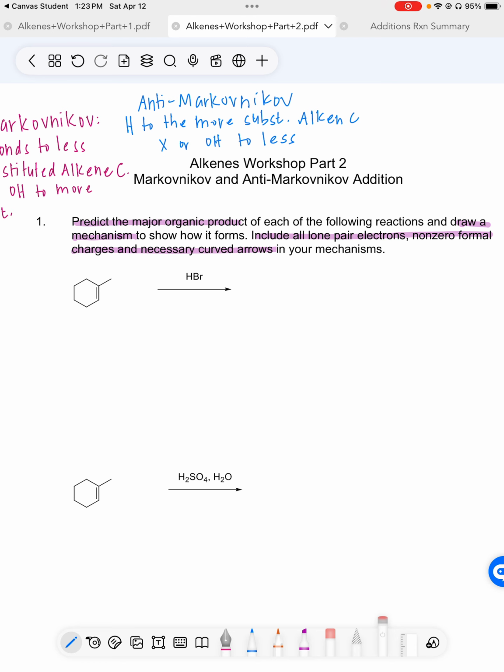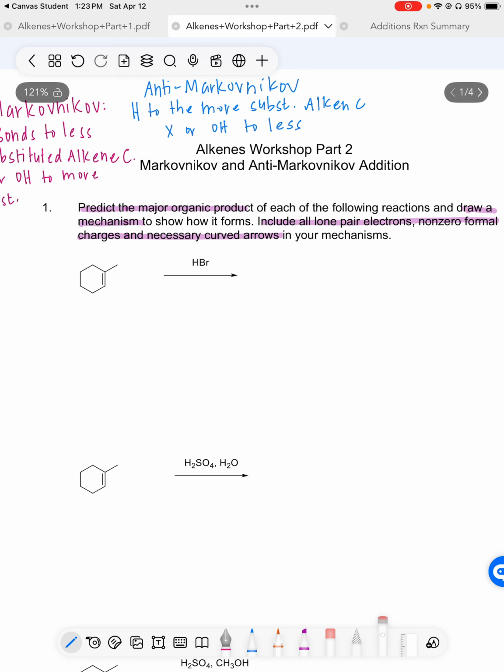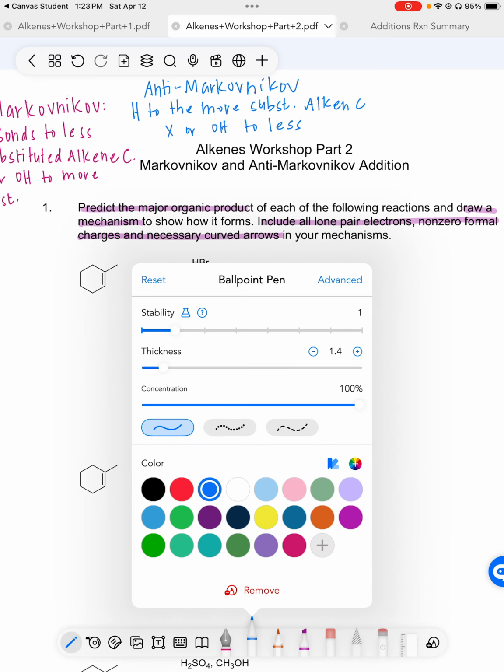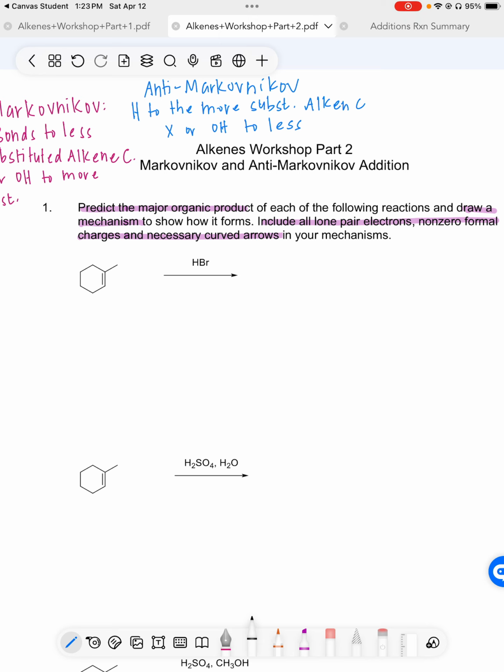Okay, so for the first part, he wants us to predict the major organic product and then draw the mechanism for that reaction. So the first one, I want to look at the reagent, which is HBr.